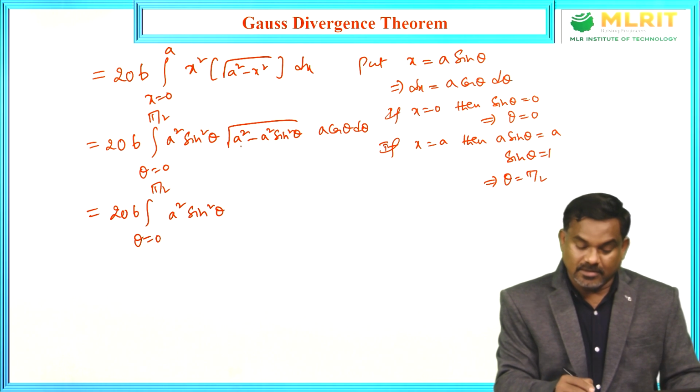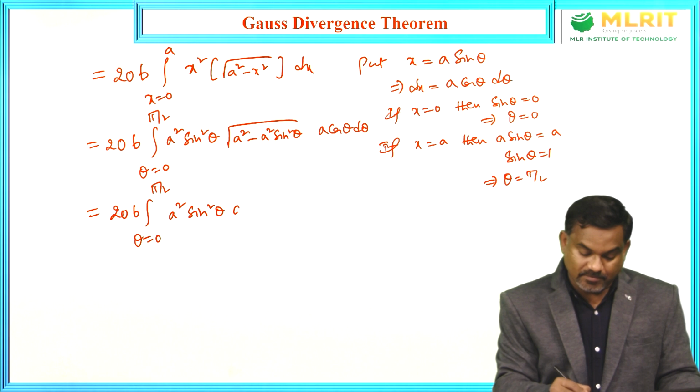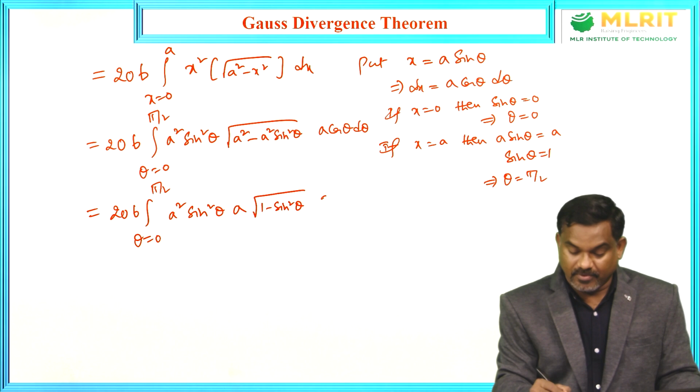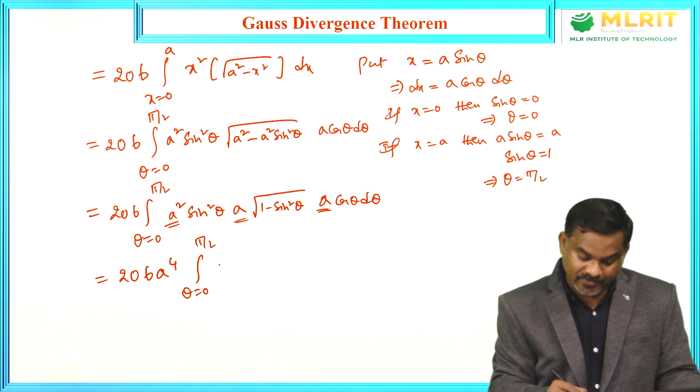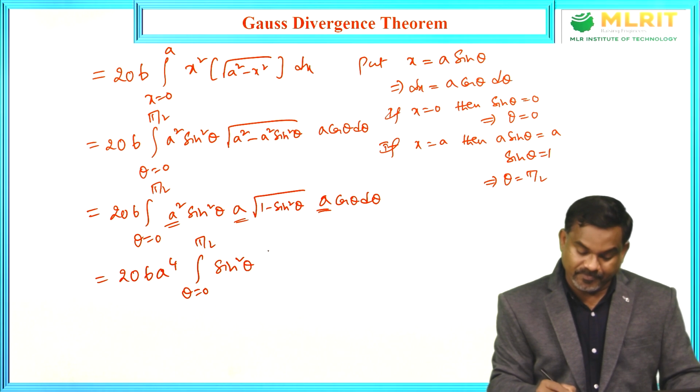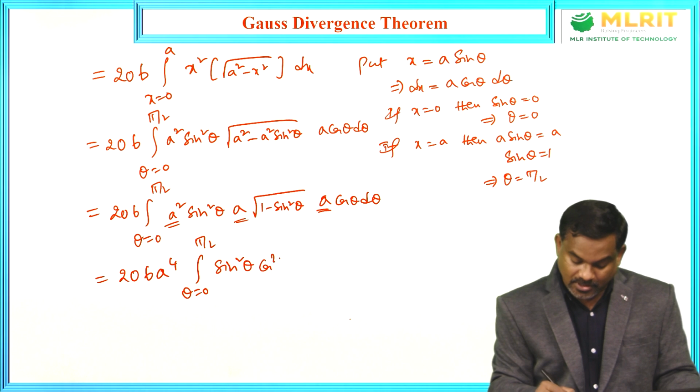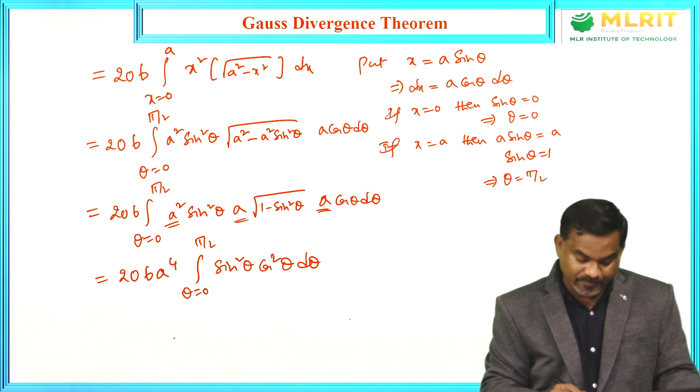Here a square common, so a comes out, and integral root 1 minus sin square theta, and again one more a cos theta d theta. So finally 20b a power 4, that comes out, theta from 0 to pi by 2 sin square theta into 1 minus sin square theta is cos theta into cos theta, so cos square theta d theta.